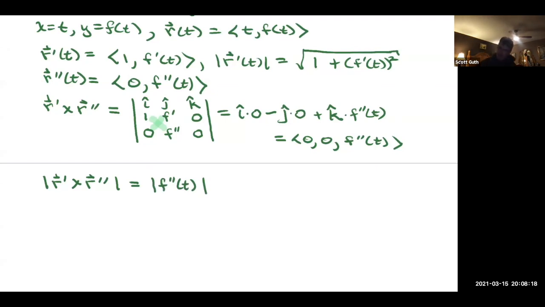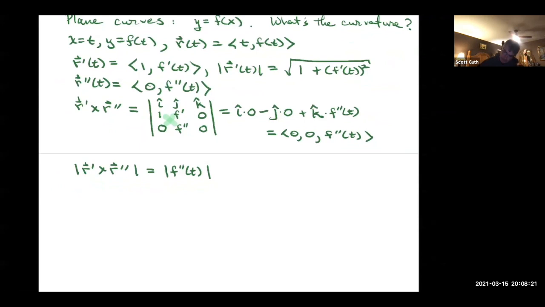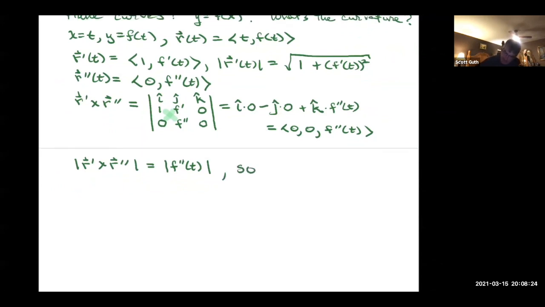And now I think we can compute kappa here. Kappa will be magnitude of r prime cross r double prime over magnitude of r prime to the third. So here, you're just going to have the absolute value of f double prime of t. Curvature, this should be enough to tell you curvature is always positive. I think I've said that, but it's taking magnitudes always with curvature, right?